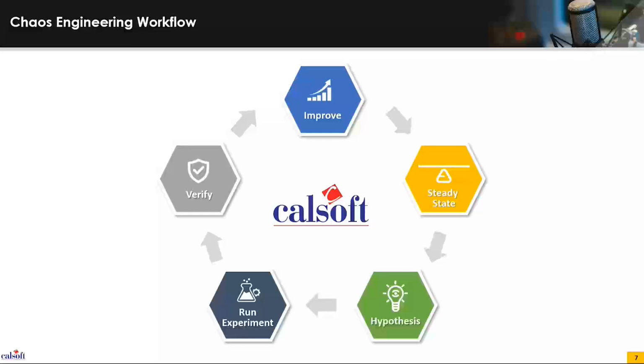Such metrics will be defined in the hypothesis. In the next stage, we run the experiment wherein we inject the fault in the system. This is ideally done on the production environment, but as I said earlier, we have also done it for customers where the system was in a staging or test or POC kind of environment. There also we injected the faults.